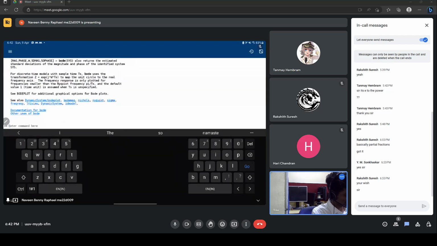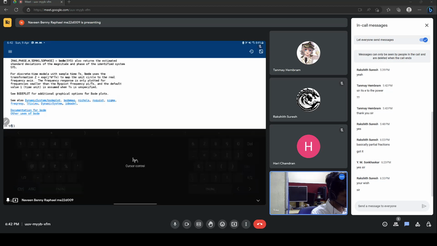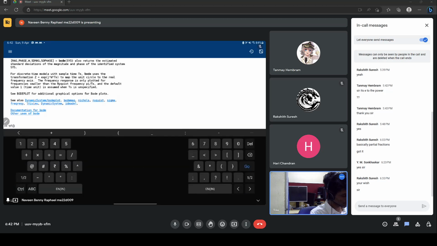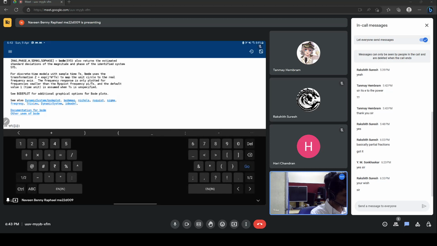So I can write a transfer function in MATLAB as follows. 1, 2, 3.